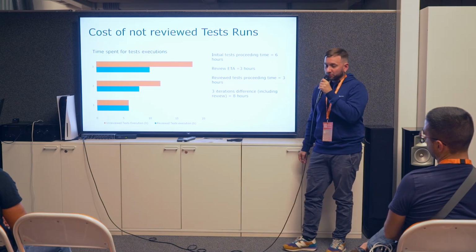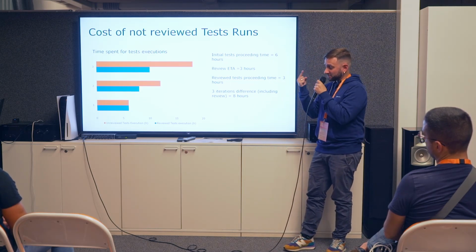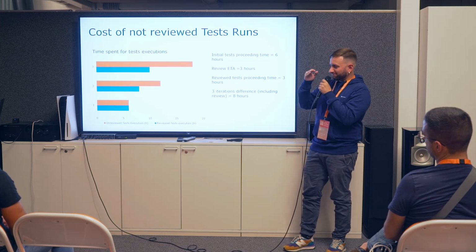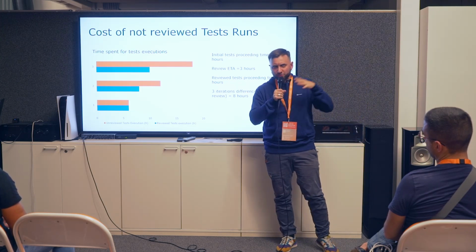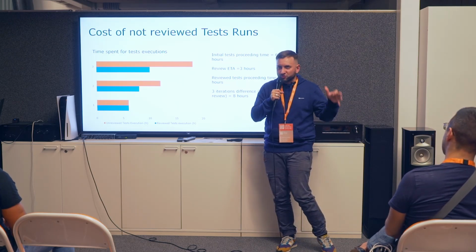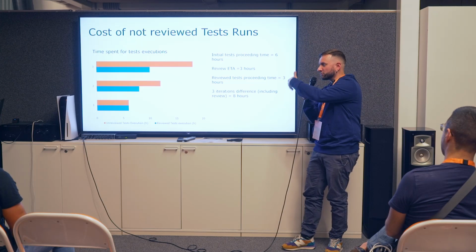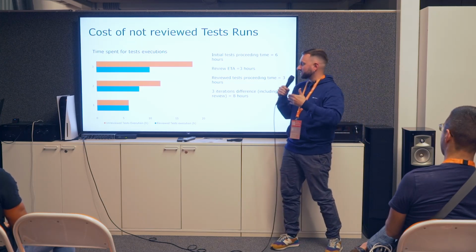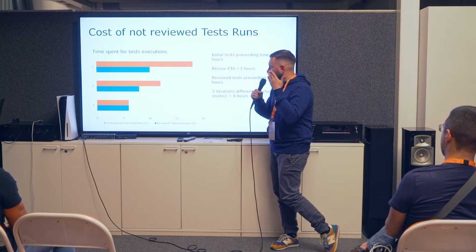So you can review tests once, and because of a lot of serious QA stuff like regression testing or user acceptance testing, if this group of tests is present in this testing activity, you will save a lot of time.